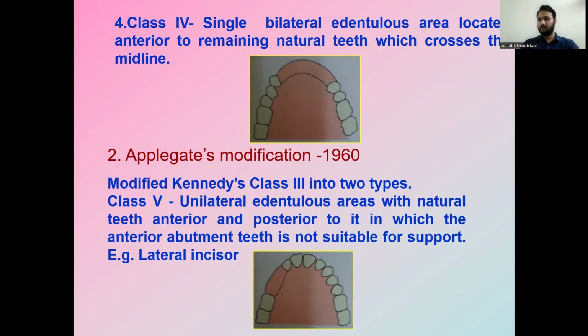Why do we not consider it a good abutment tooth? Because the root length is smaller as compared to the other teeth, and the clinical crown height is also less. So we do not consider it as a good abutment tooth. So if a class 3 condition presents and the anterior abutment tooth is a lateral incisor, then we consider this as a Kennedy class 5.